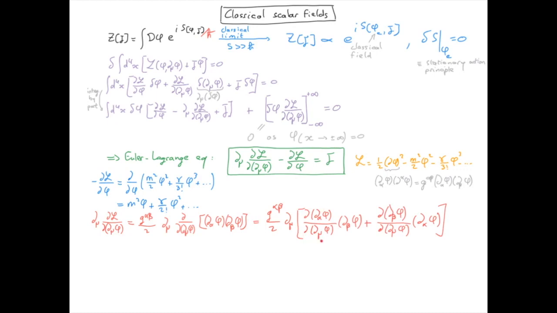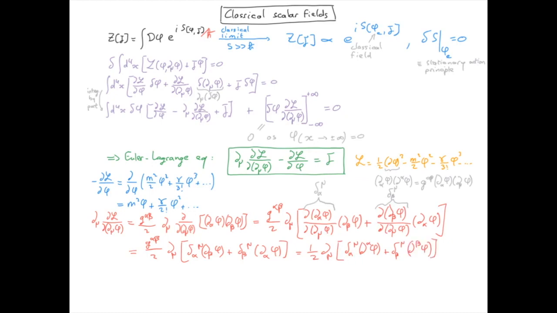The derivative terms are only non-zero when alpha is equal to mu. This is a Kronecker delta with Lorentz indices, so it is always 0 except when alpha is equal to mu, in which case it is equal to 1. We can now use the metric to raise the indices for the covariant derivatives.